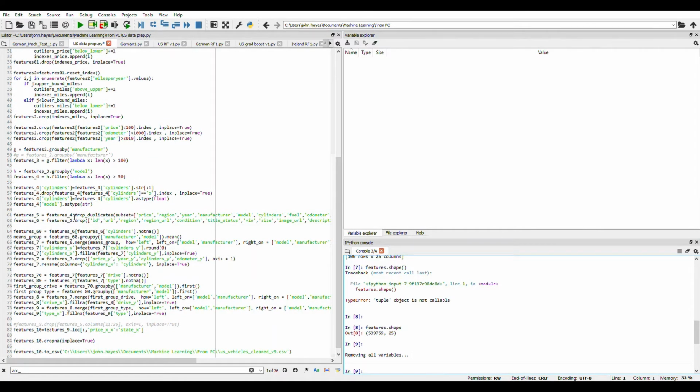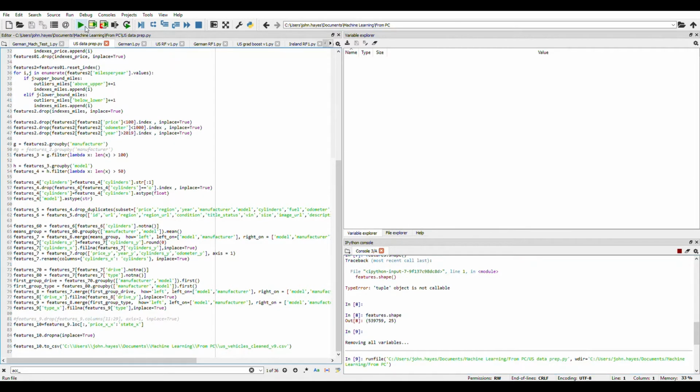There was the dropping of duplicates based off a number of fields, followed by the actual removal of unwanted features. Then there was the imputing of data based off the mean for cylinders and based off the first available for variables drive and type. When this script is run, it produces a file which is then read in by the machine learning algorithms which follow this script.